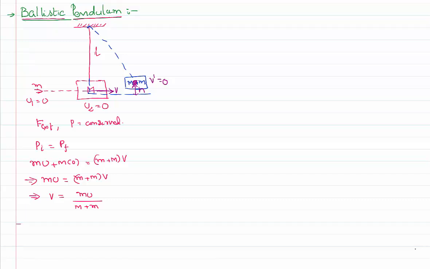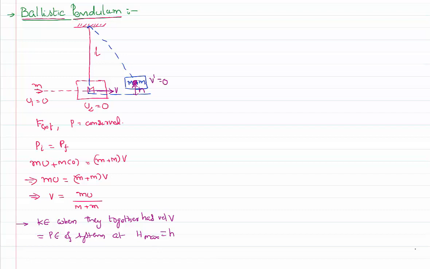So what can I say? The kinetic energy when they together have a velocity v equals the potential energy of that system, that is, they together, at the maximum height that it has reached.